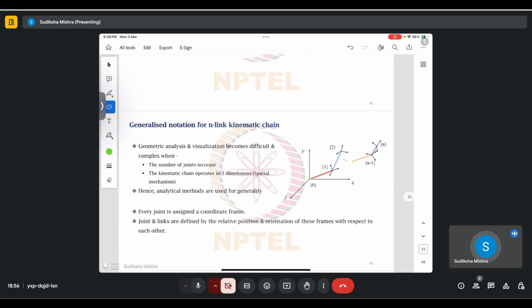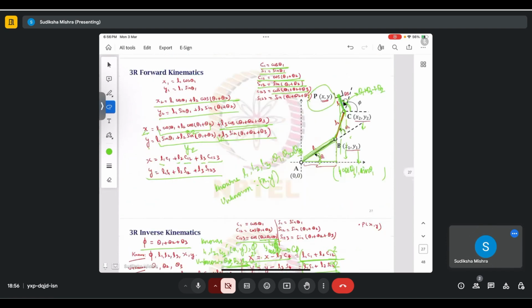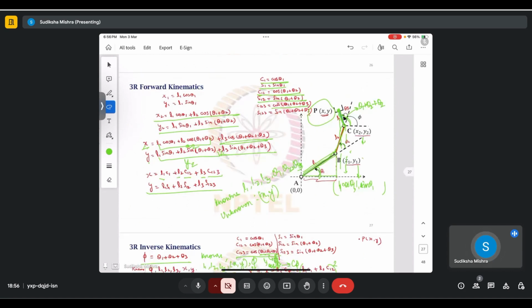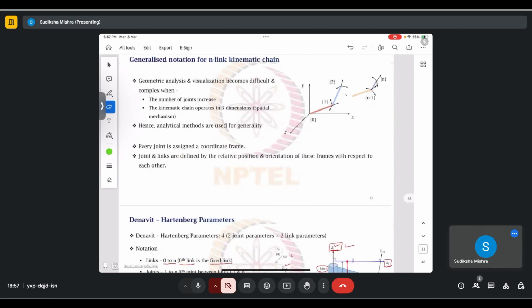The visualization and the geometric analysis of such kinematic links becomes very problematic because the number of joints increases. So like you had here x1 y1, x2 y2, you will have n number of points, xn yn, xn minus 1 yn minus 1, etc.